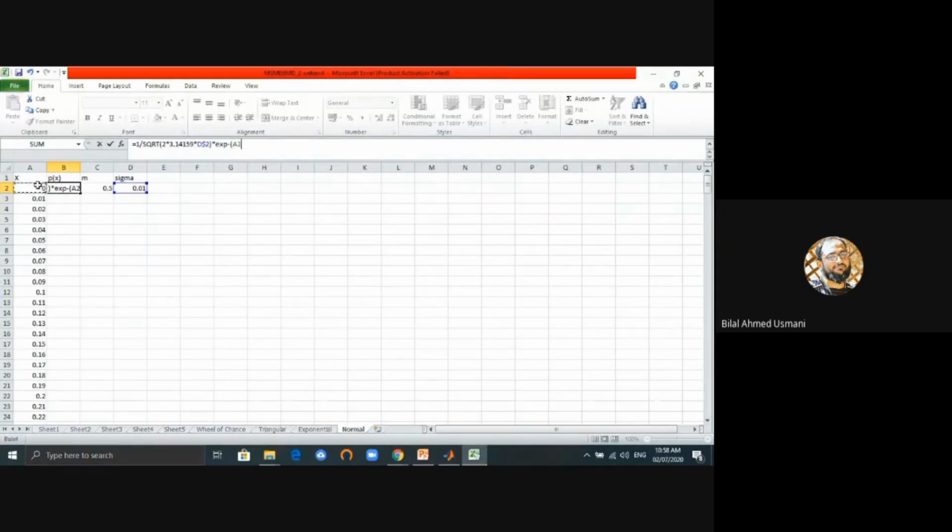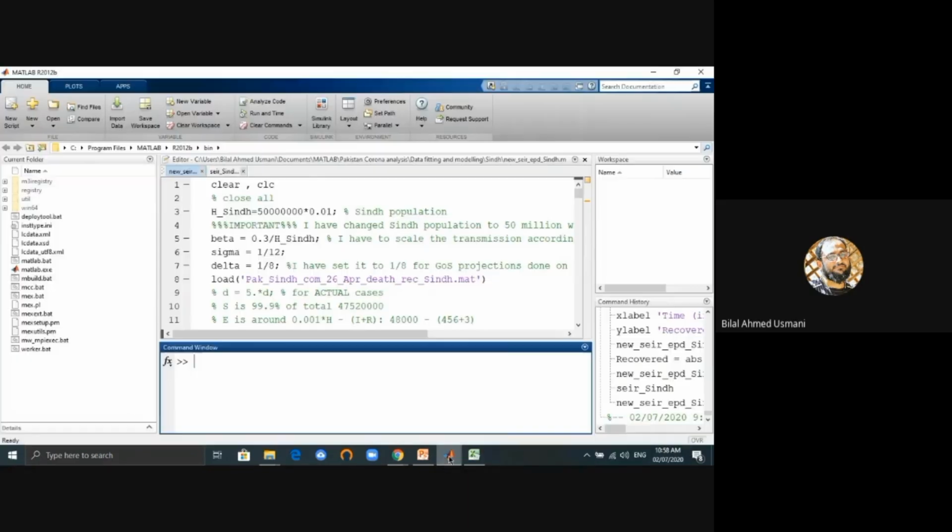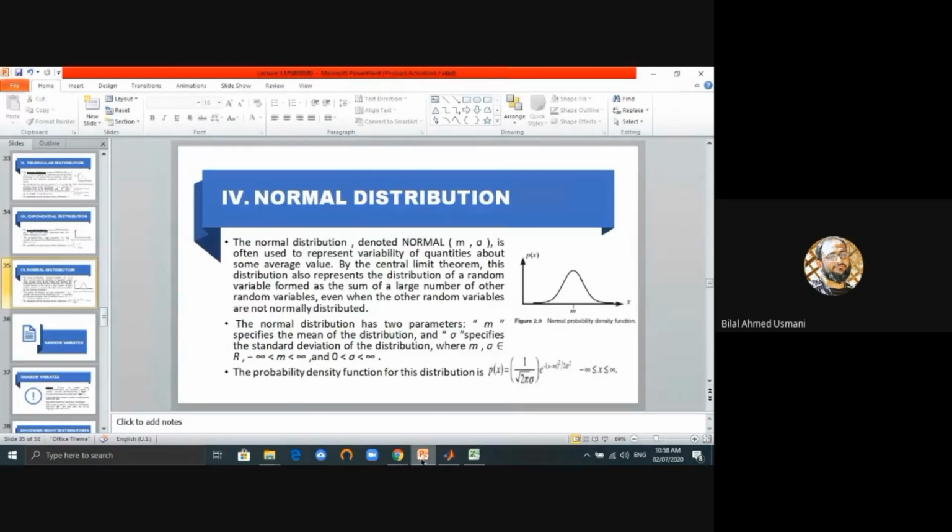X is over here, m is over here. Is it inside the exponential? I forgot the formula.